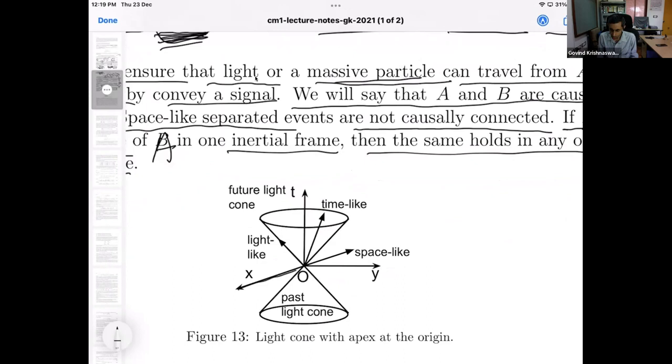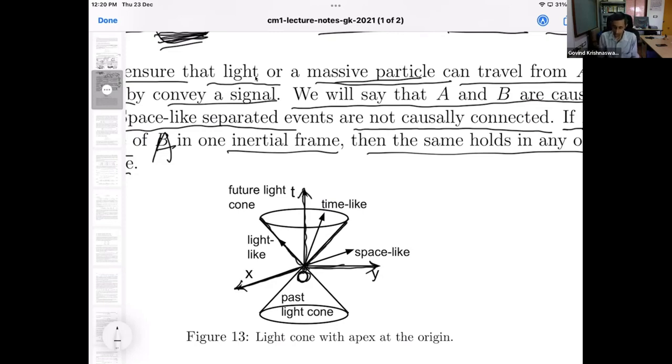If you have 2 spatial directions, x and y, and time running upwards, and you have an event O over here, which we used to call A, then light signals that are sent out from O could go in any direction on the xy plane. So their trajectories in a space-time diagram would lie on the surface of a cone with apex at the origin.